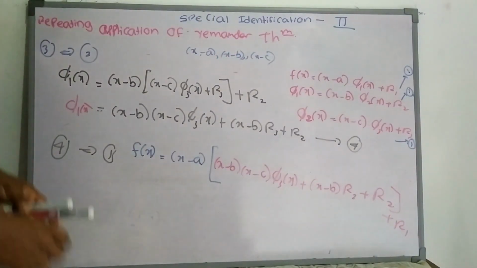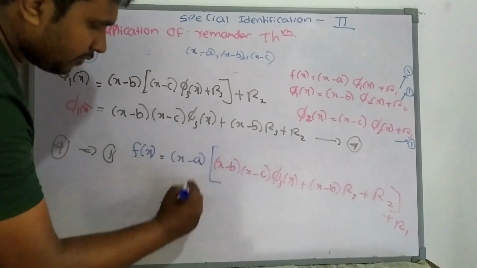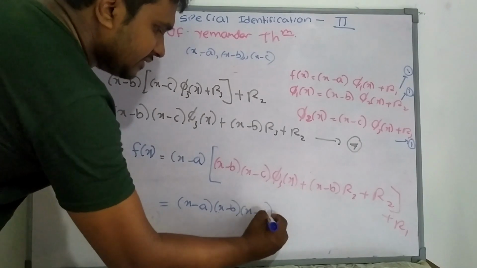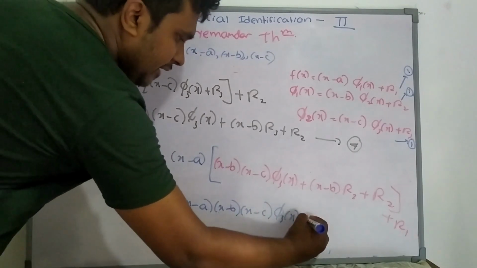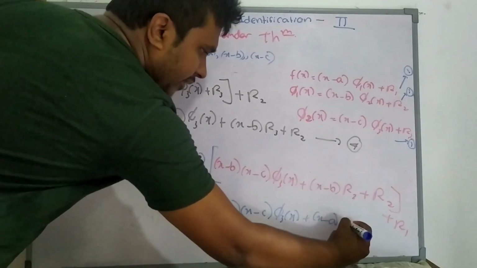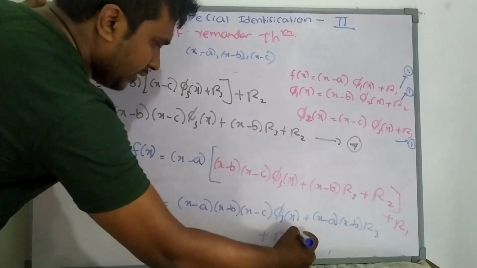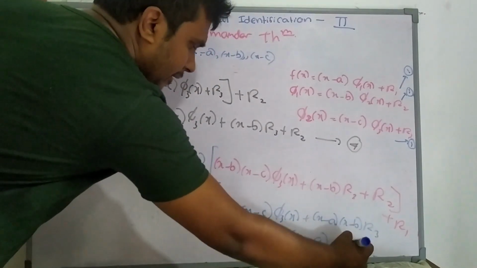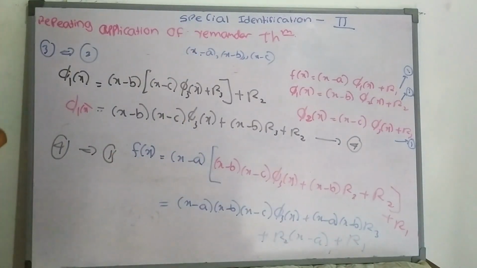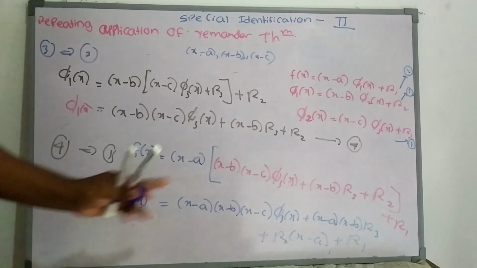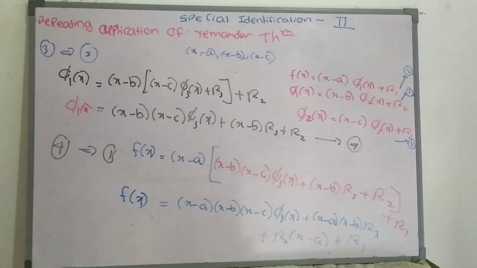I am going to solve the bracket: (x minus a)(x minus b)(x minus c) psi 3(x) plus (x minus a)(x minus b) r3 plus r2 (x minus a) plus r1, right? So what happened? We found the function f(x) like this.